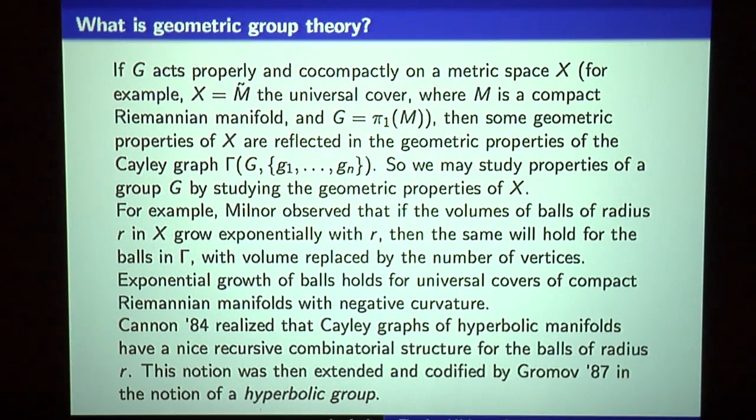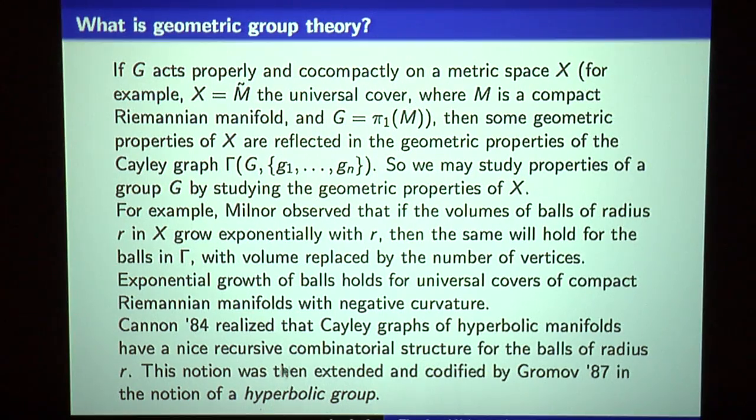Now, a little bit later, Cannon in '84 realized that the Cayley graphs of hyperbolic manifolds not only have this exponential growth, but they have a very nice combinatorial recursive structure for constructing them. And that eventually evolved into the theory of automatic groups, which is another topic in geometric group theory.